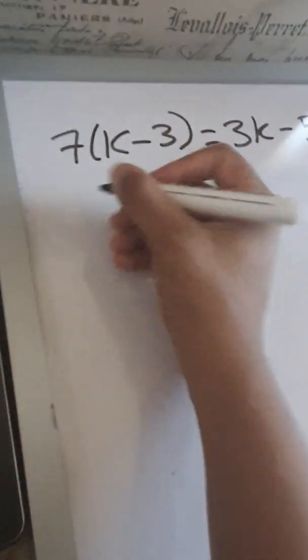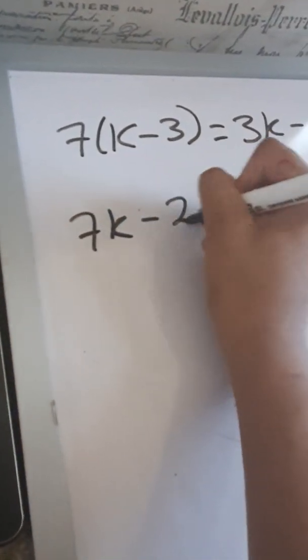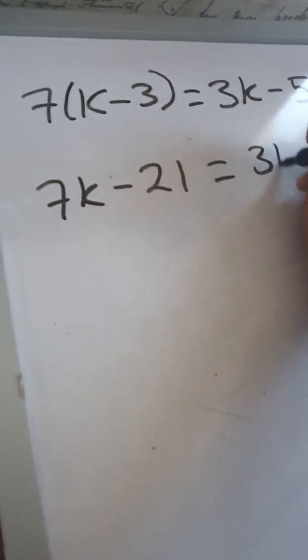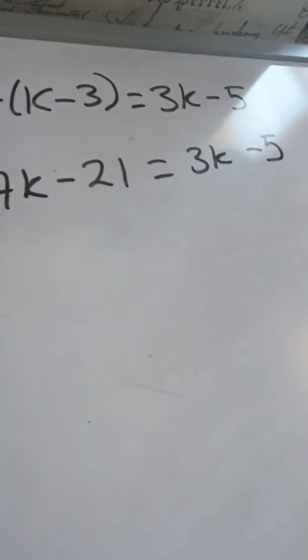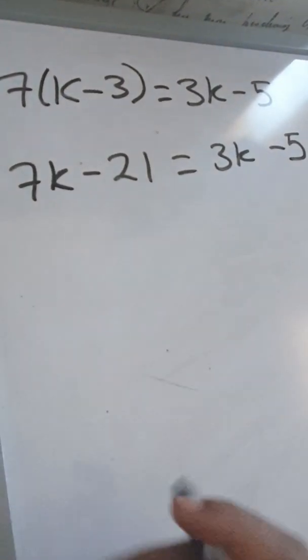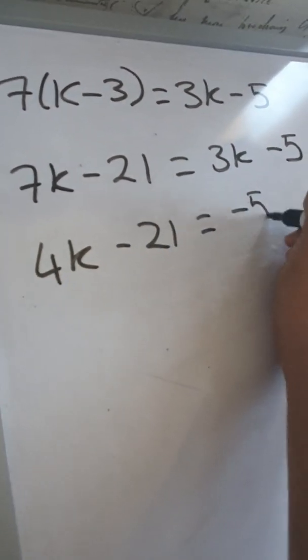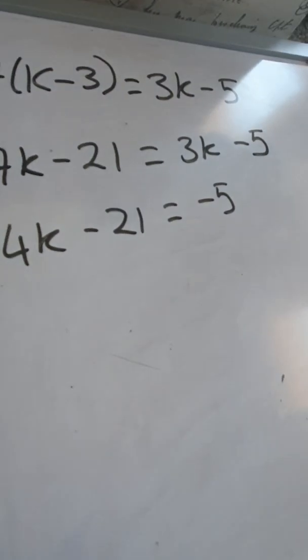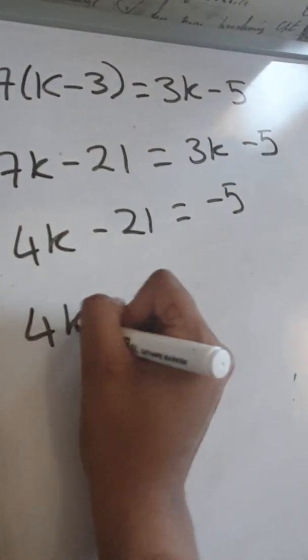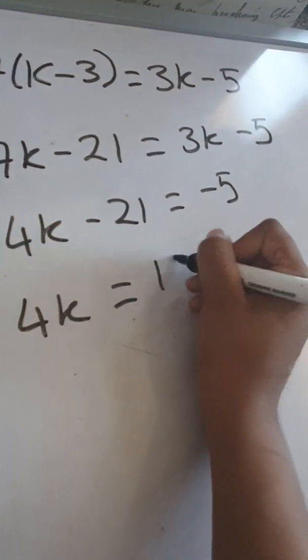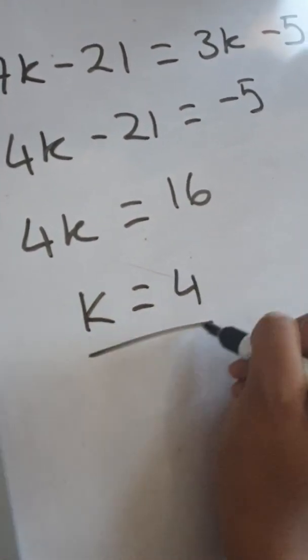If I expand this side, I've got 7k minus 21 equals 3k minus 5. I'm going to get all my numbers on that side, all of my letters on that side. So I'm going to take away 3k from both sides. And now I'm going to add 21 to both sides. 4k equals 16, k equals 4.